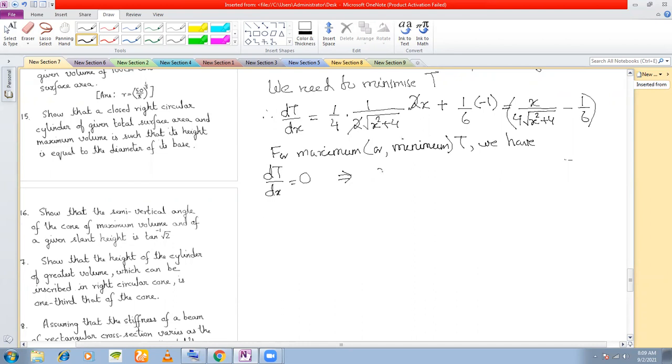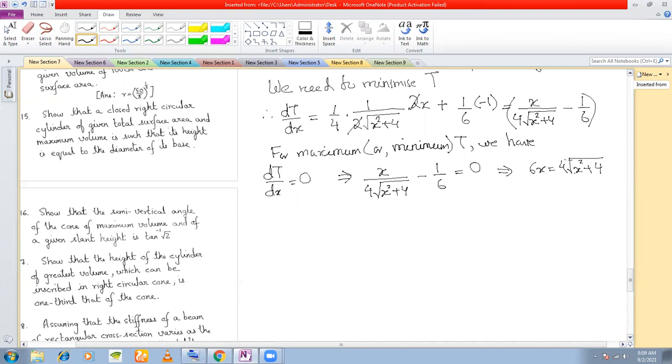That means x by 4 root x square plus 4 minus 1 by 6 is equal to 0. You take 1 by 6 on that side and you cross multiply. So you'll get 6x is equal to 4 root x square plus 4.